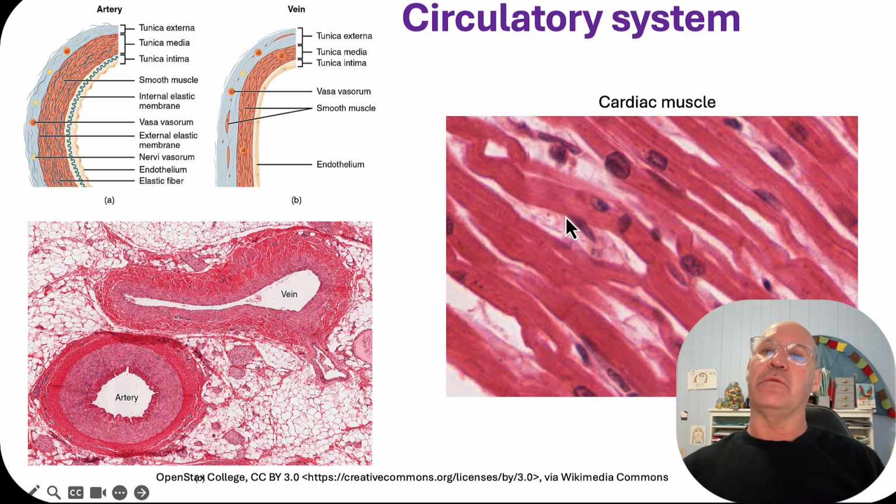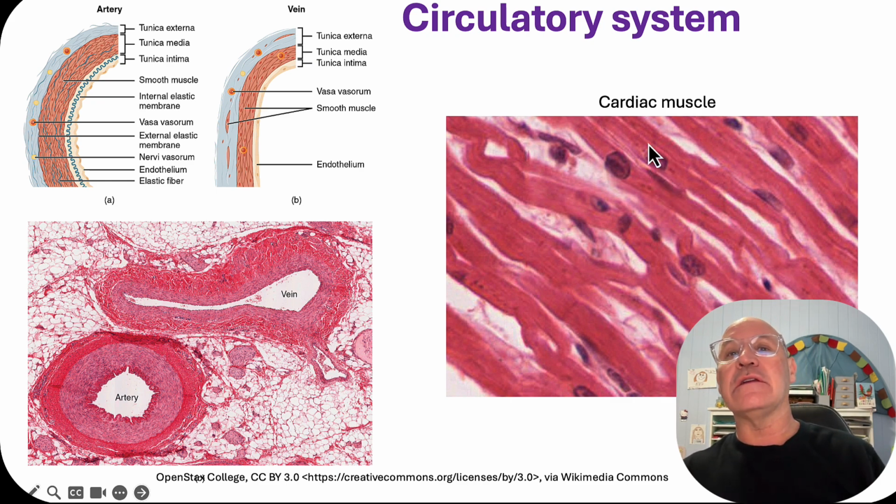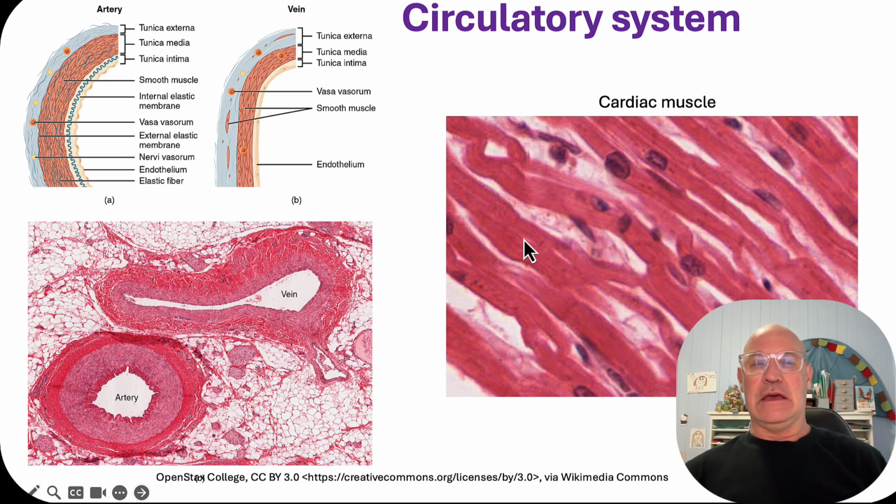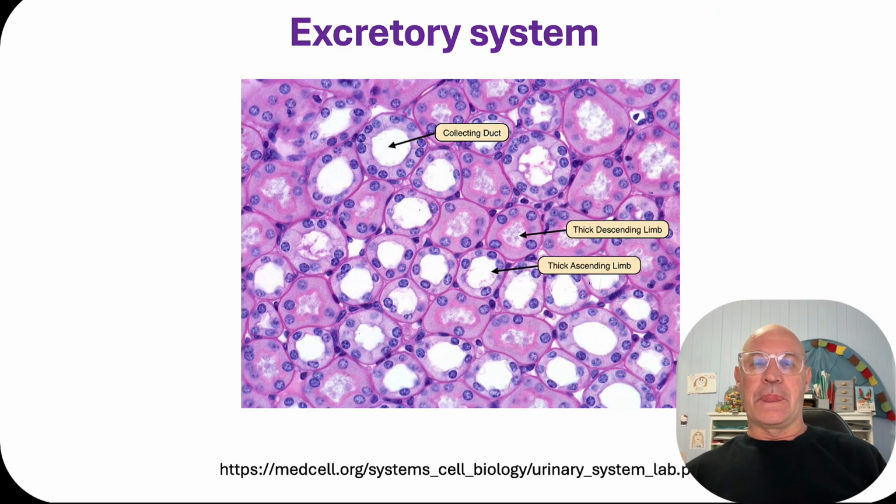We can tell the difference between cardiac muscle and skeletal muscle because cardiac muscle tends to be more branched. You can see these branches here. If we see those, we know that's cardiac muscle. And we can see that these dark organelles are mitochondria as well, because cardiac muscle, or all muscle, is highly energetic.